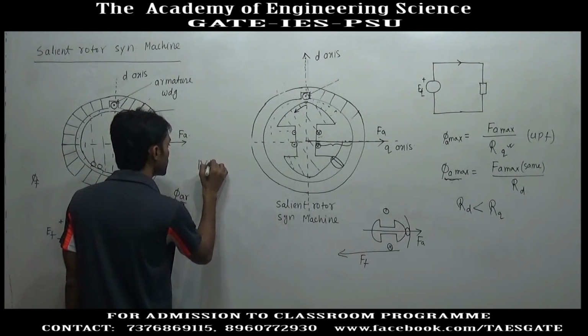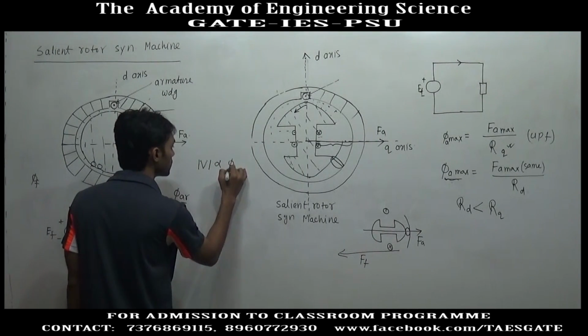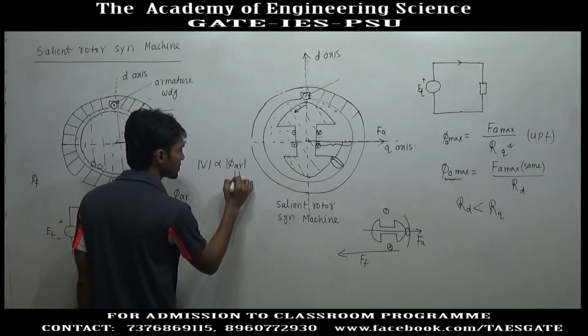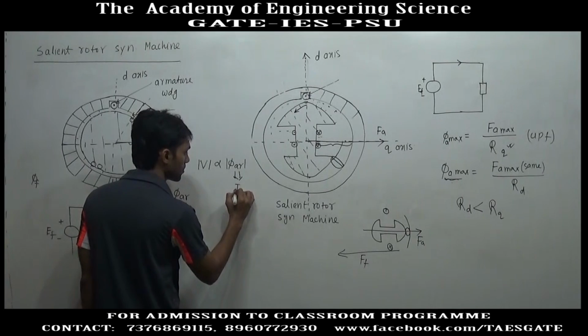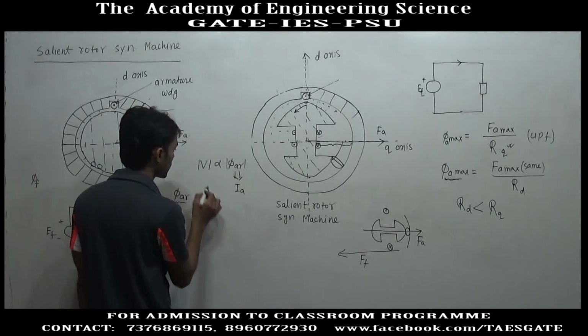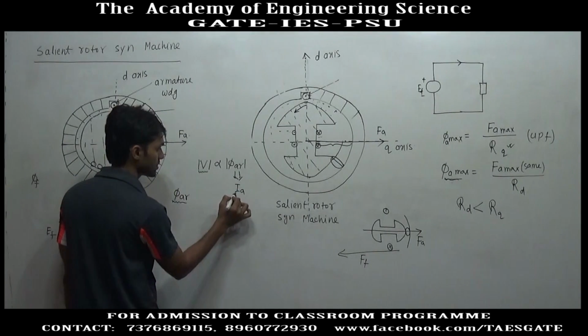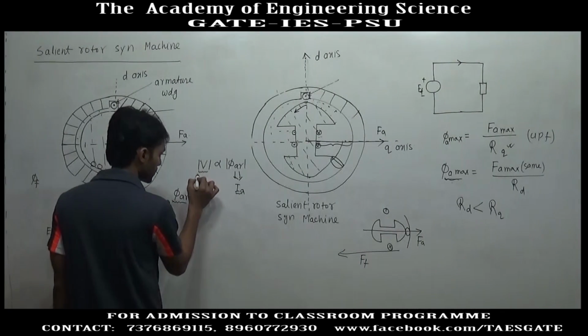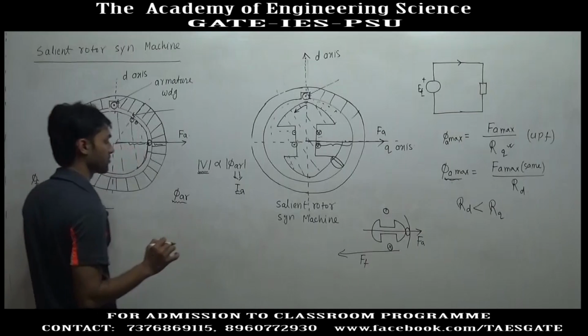and the magnitude of voltage will be directly proportional to the magnitude of armature flux, and the magnitude of armature flux is directly proportional to armature current. So, overall we can say the magnitude of voltage is directly proportional to armature current. This is the effect of changing armature flux.